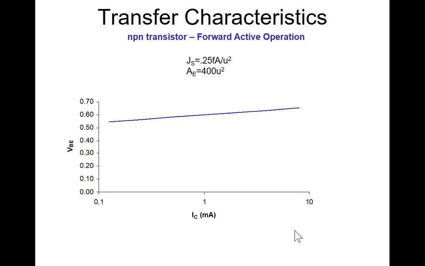That doesn't look exponential. Why not? On my scale, I just zoomed into a small region. So the relationship really is exponential, but I'm just looking at a small segment of it.